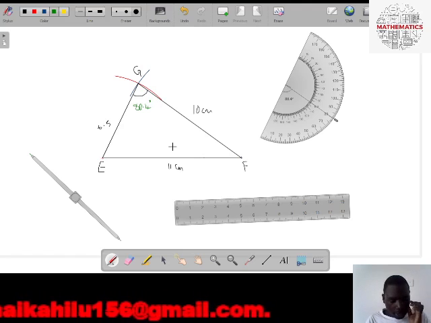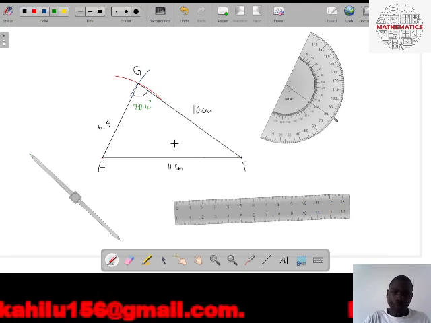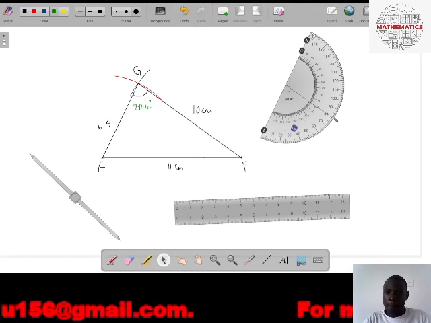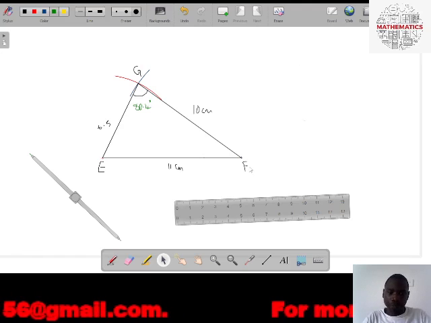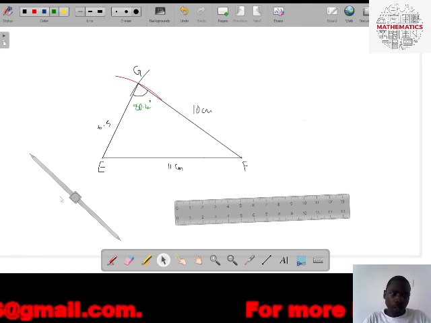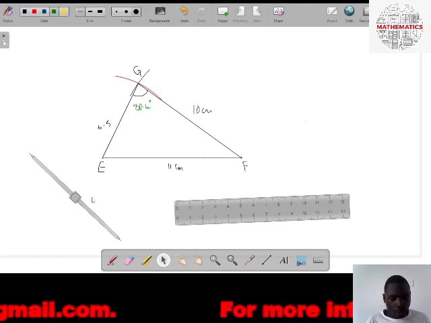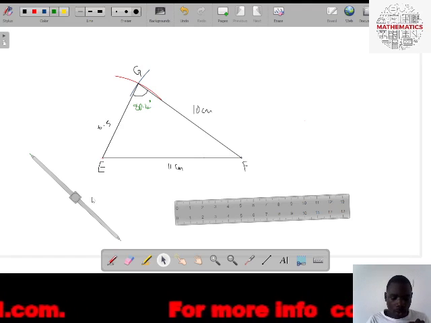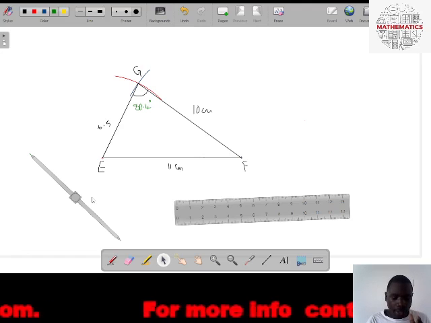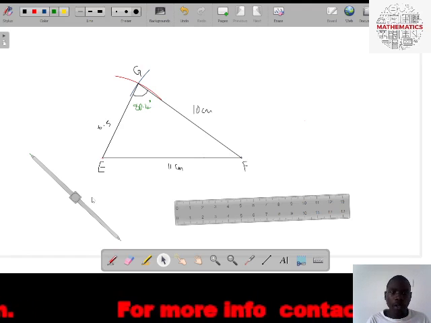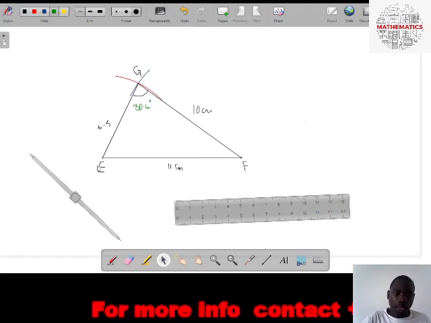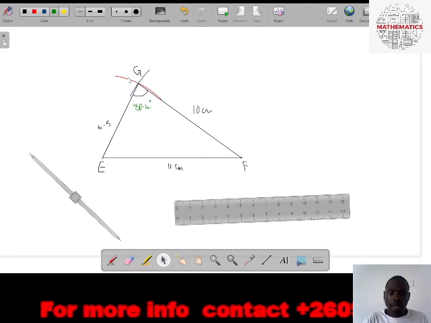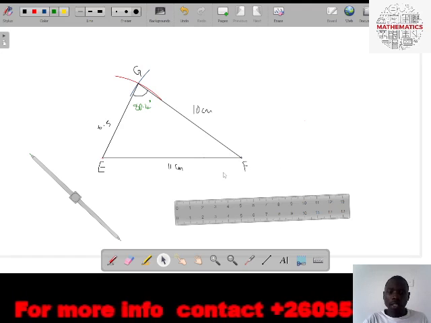And then the other question says, within triangle EFG, construct the locus of points which are equidistant from EG and EF. EG, E is here and G. So to construct that one, we say EG and EF, which letter is common?